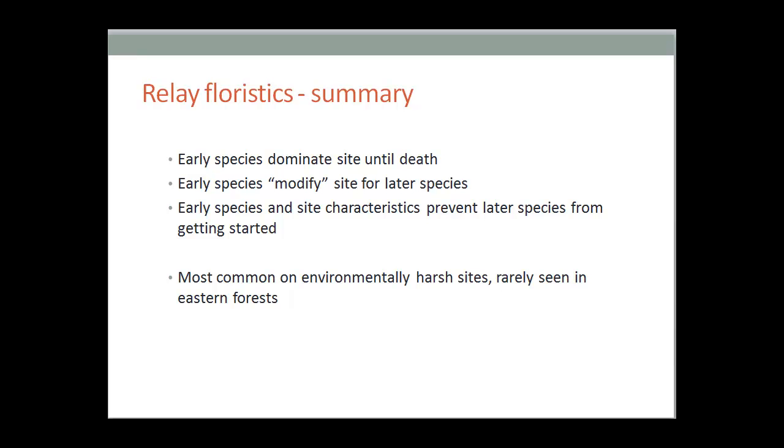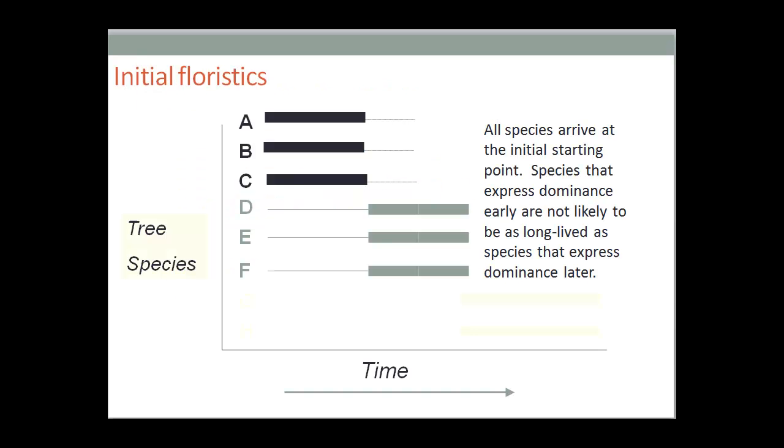Where you might find this common is in particularly environmentally harsh areas. So if you had a sandbar or an exposed rock face on a mountain, these are environmentally harsh sites. There are very few species that can survive in those, and those species do change the nature of that area as they live and as they die.